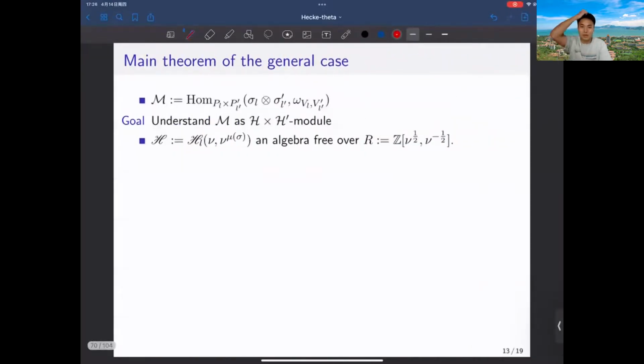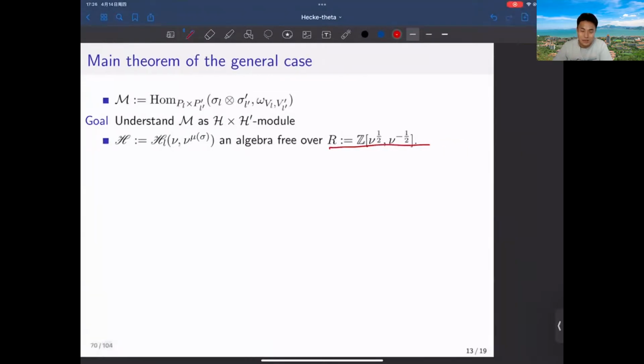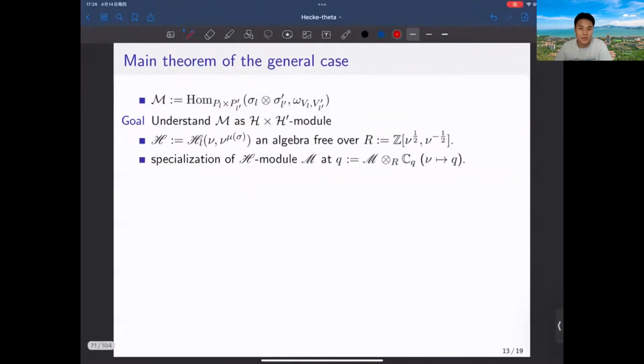Okay, so of course we will just let H be the generic Hecke algebra, which is free algebra defined over this kind of ring. And we will have an operation called a specialization at any integer, at any number of Q, where we will embed R into C by mapping U into Q. Okay, so you will have a specialization.